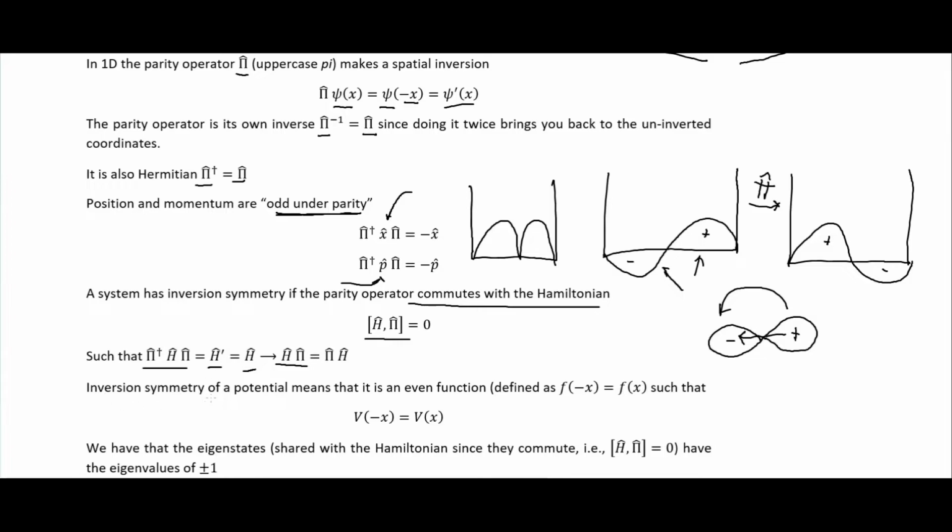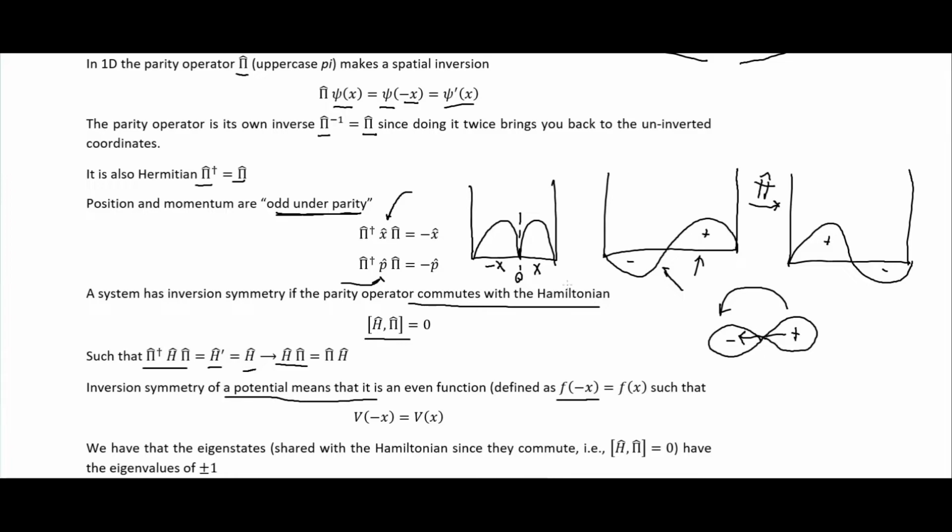So inversion symmetry of a potential means that it is an even function, defined as a function where everything at negative input is equal to the positive, which makes sense if we look up here at this. So if we have our origin right there, then everything in the x is just a mirror image of everything in the minus x.